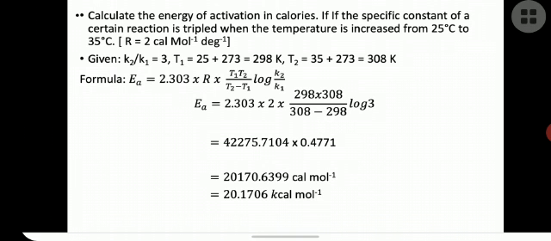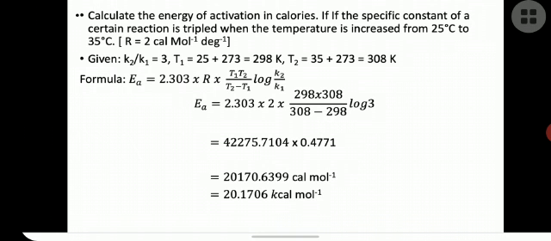When you solve this, we get the value as 42275.7104 into 0.4771. By multiplying this, we get 20170.6399 calories per mole.